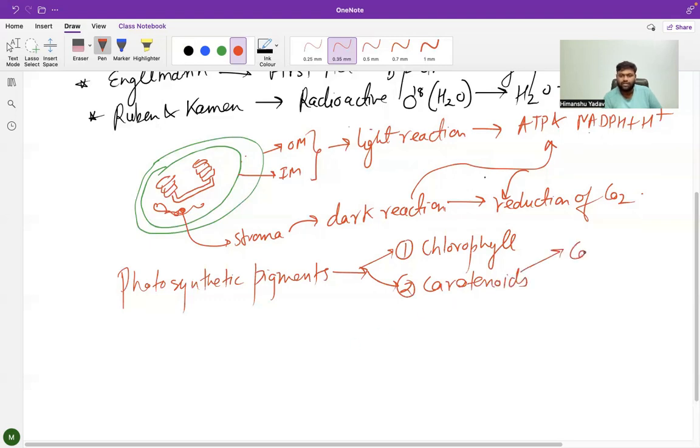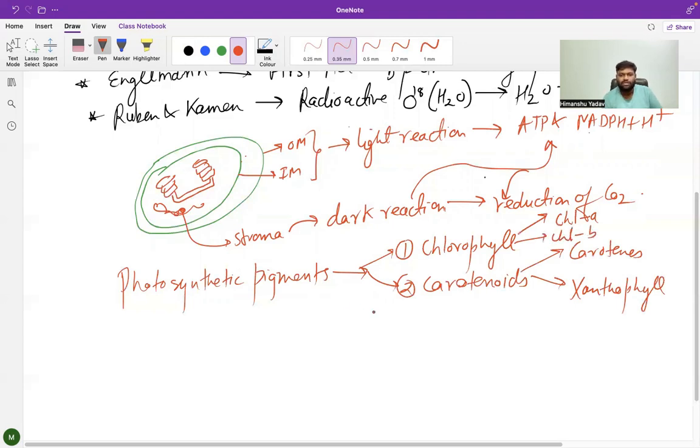Carotenoids consist of carotenes and xanthophyll. Chlorophyll is divided into chlorophyll A and chlorophyll B.